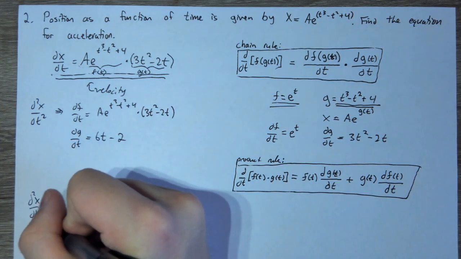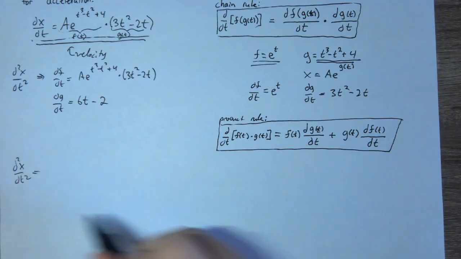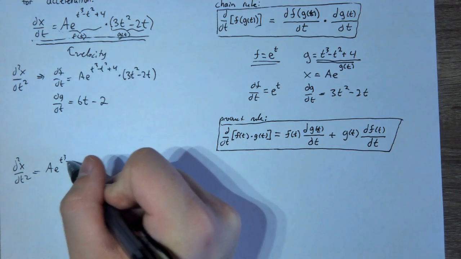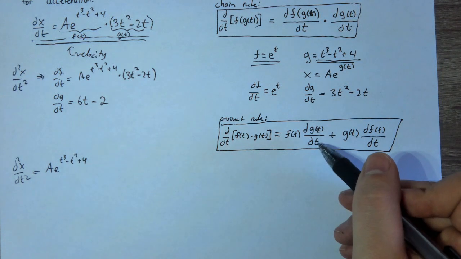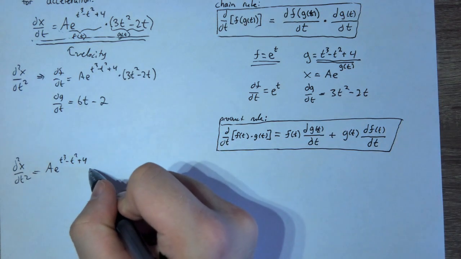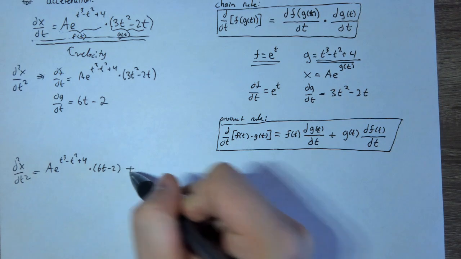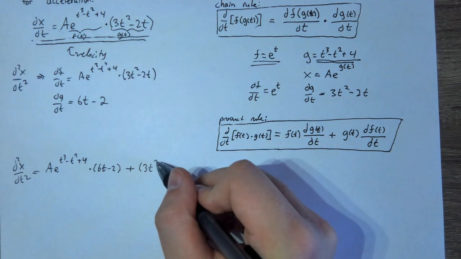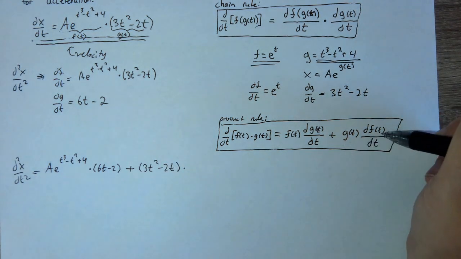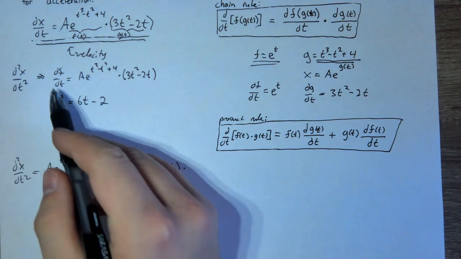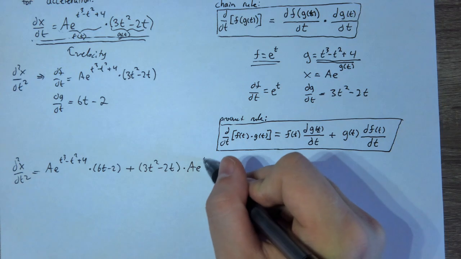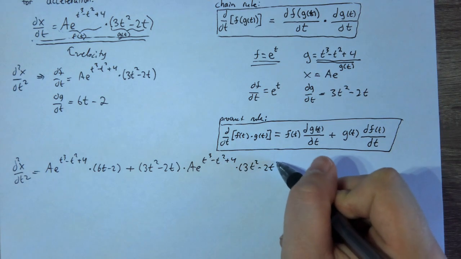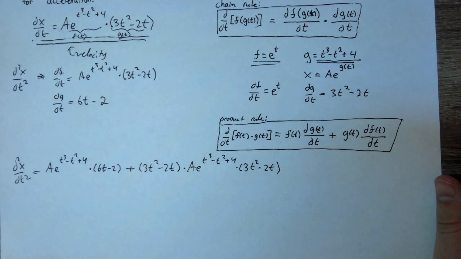So I'm going to write it down here further. f(t), which is this, times the derivative of g with respect to t, which is this, so 6t minus 2, plus g(t), which is this term, multiplied by derivative of f(t), which is this. Okay, so that would be an okay final answer.